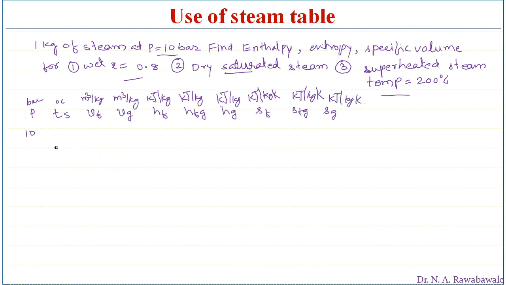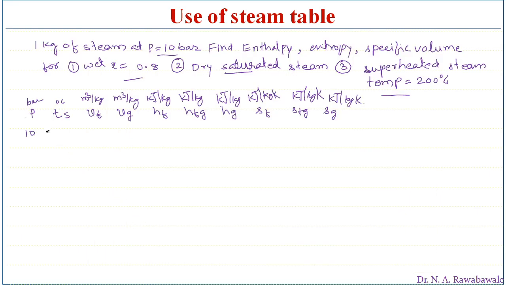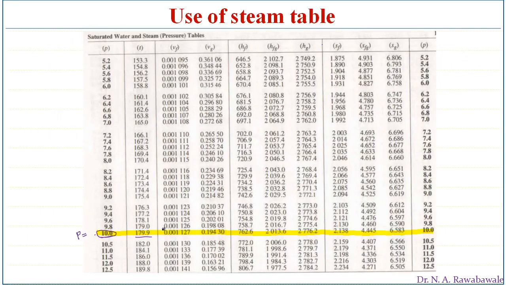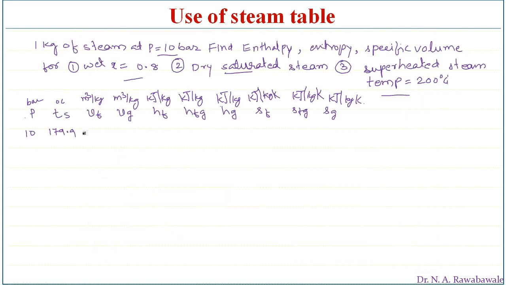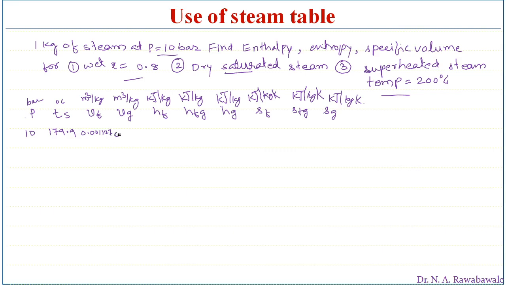At a pressure of 10 bar, saturation temperature is 179.9. Vf value is 0.001127. Vg is 0.19430.